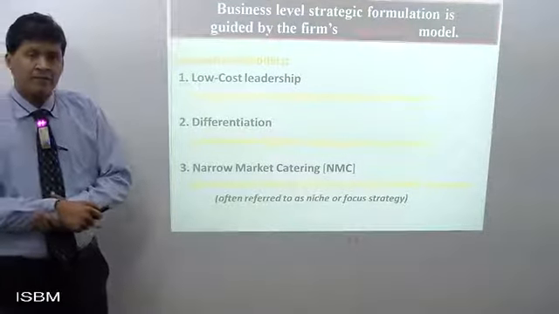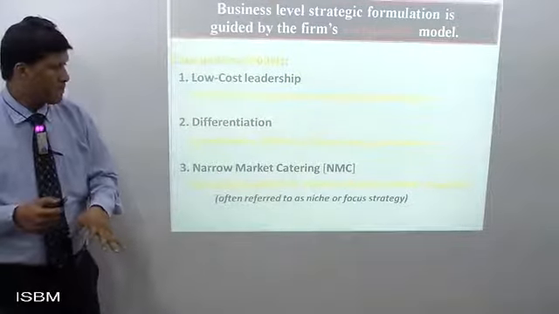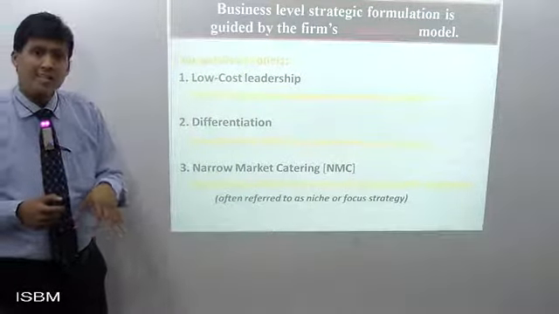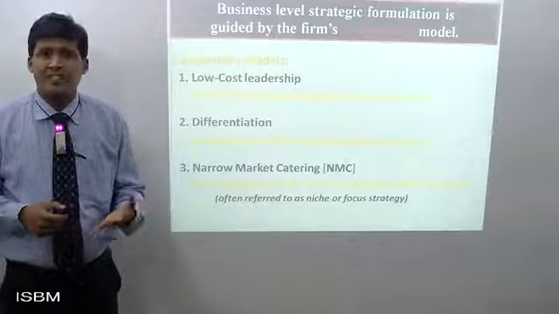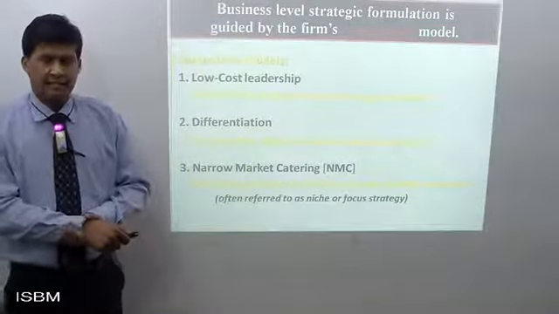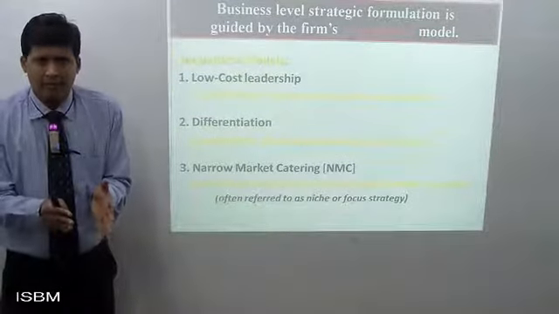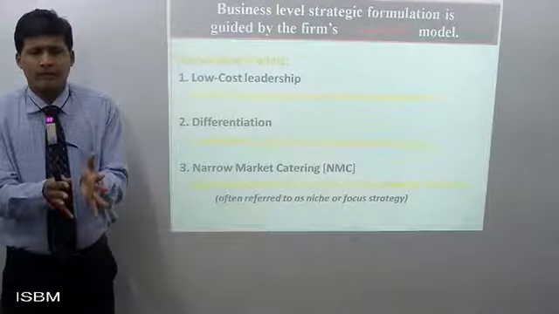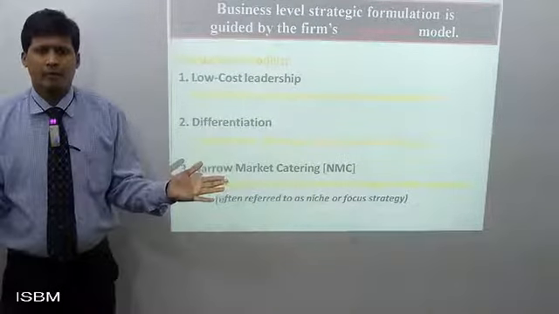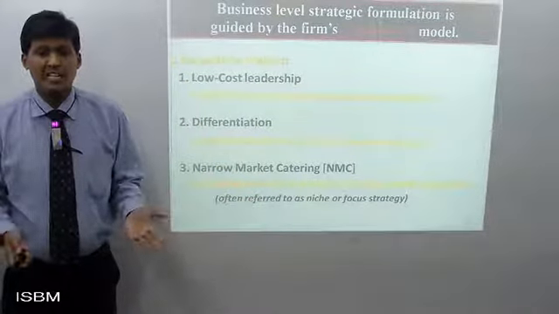Do we have differentiation? That means, is your product different from the competitor in the offering, or is it just a me too product? Is it just a vanilla product? And then broad market catering. That means we don't want a product that is only catering to a niche band. We want the product to expand to a larger place, larger volume, because it gives volume sales or volume reach.